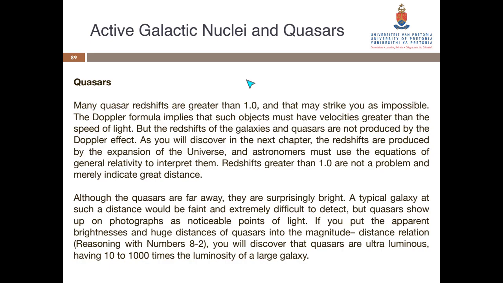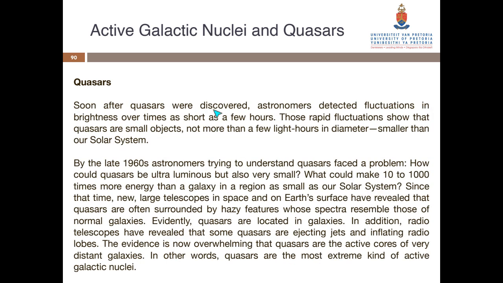Evidently, quasars are located in galaxies. In addition, radio telescopes have revealed that some quasars are ejecting jets and inflating radio lobes. The evidence is now overwhelming that quasars are the active cores of very distant galaxies. In other words, quasars are the most extreme kind of active galactic nuclei that we can get.